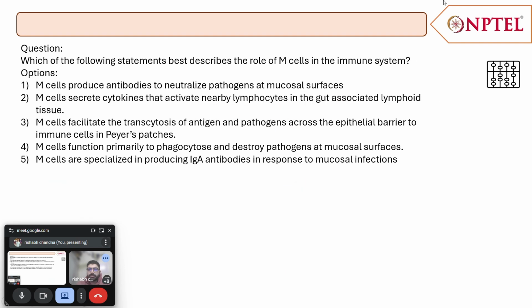Which of the following statements best describes the role of M cells in the immune system?